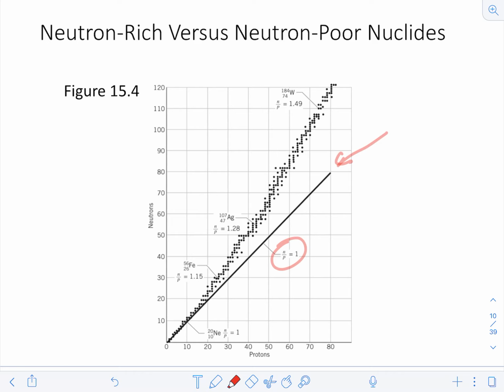So when you notice that the number of protons is starting to exceed the number of neutrons, this line here is when the number of neutrons is actually higher than protons. This is where you have a shift in stability. And typically iron is the breaking point of where we see a shift in stability.